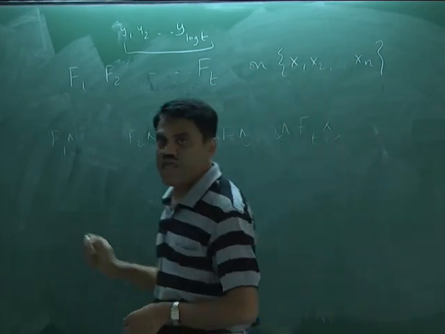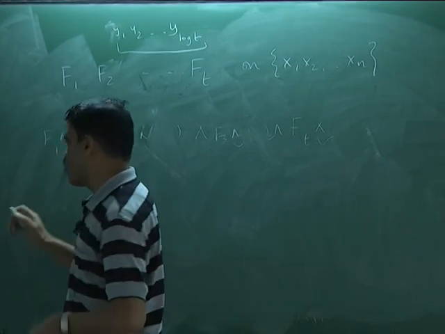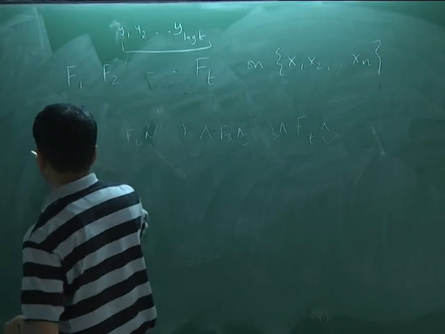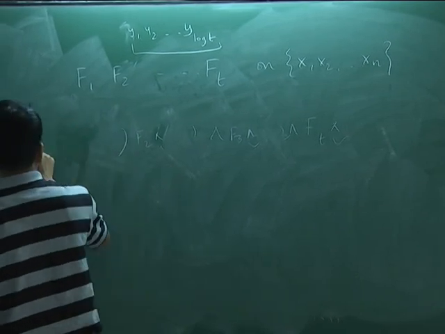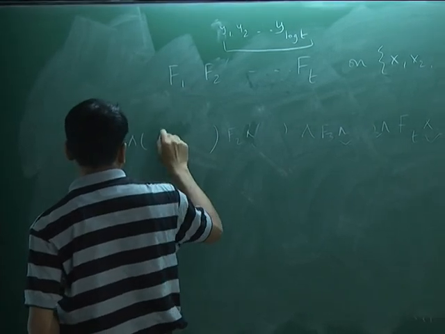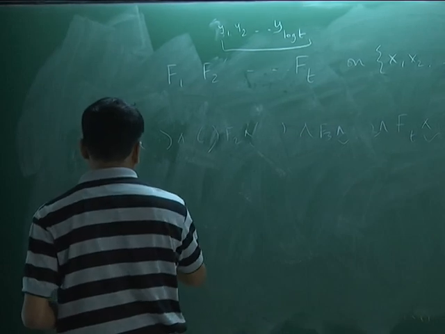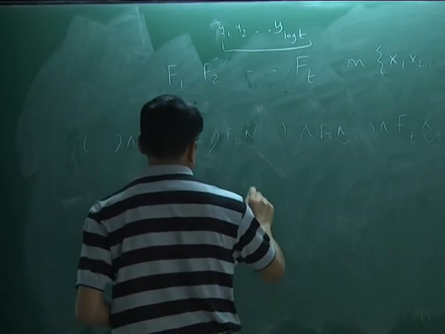Now, for each clause in this formula F1, let us look at F1. F1 is a CNF formula which looks like this, something and something and something.